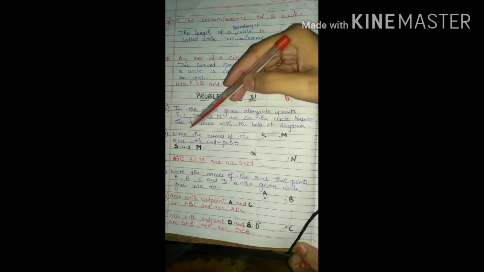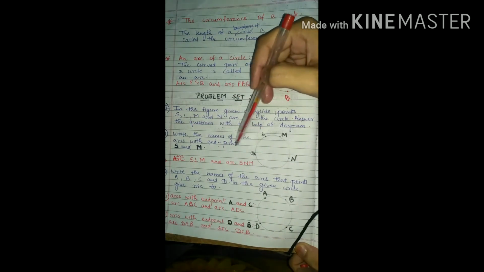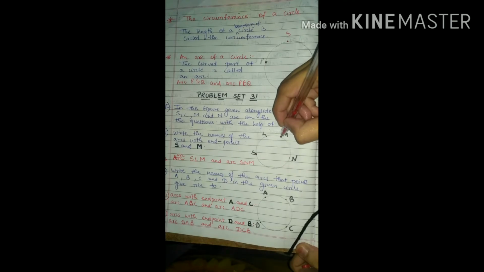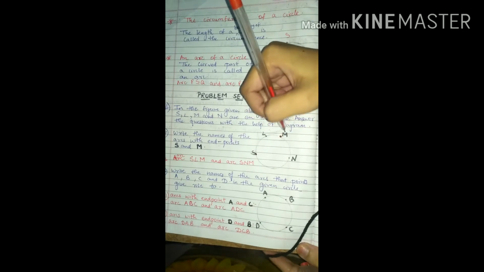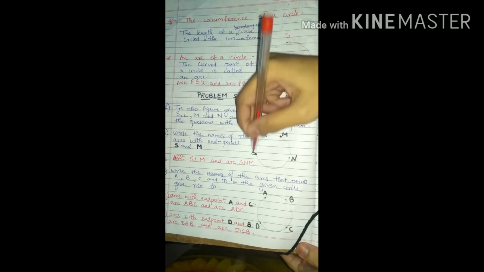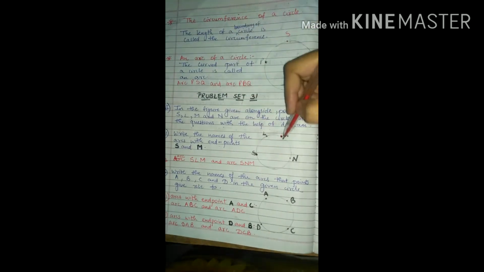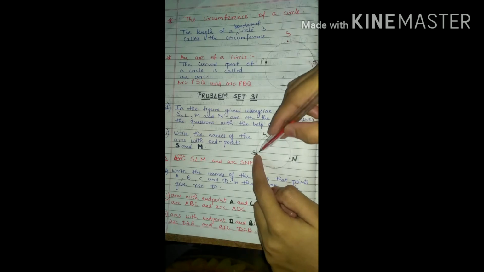What they have asked: write the names of the arcs with the end points S and M. So S and M are the end points, means at the end. With these two points as the end points, you have to name the arcs. So how many arcs are formed?